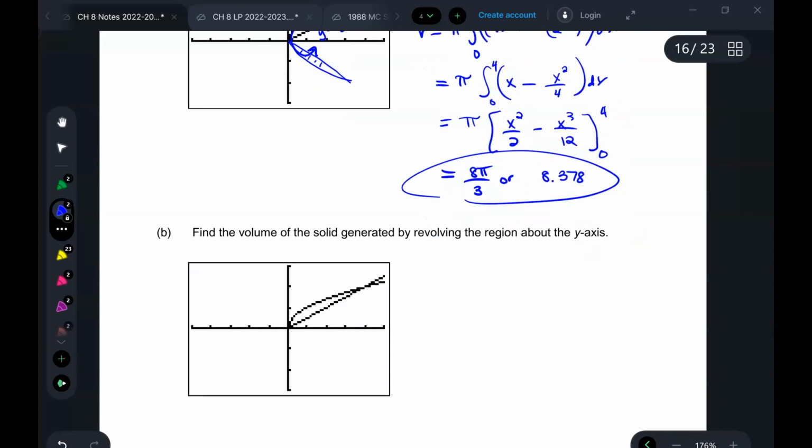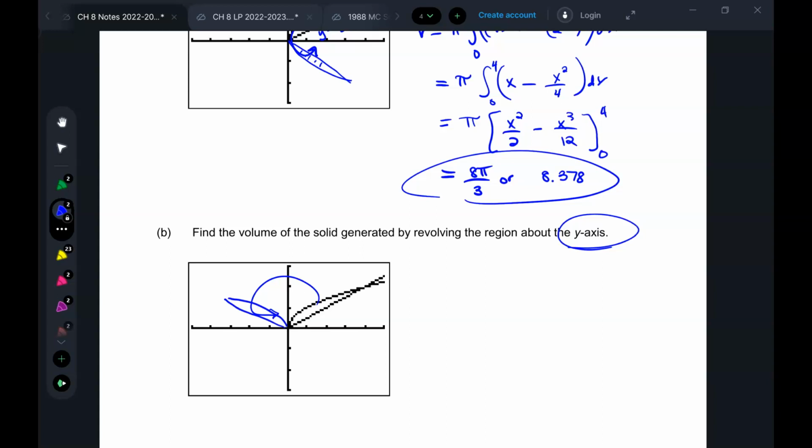Okay, last one. Okay, so we're going to take the same concept, but now we're going to rotate it this way. So now it's like a cone with a rounded portion scooped out. Will it be the same volume?